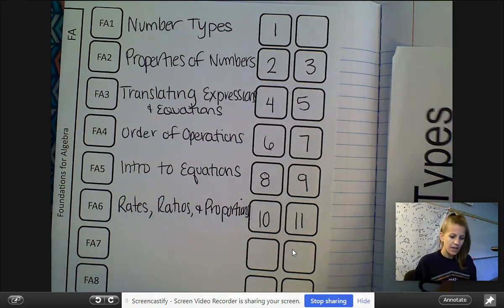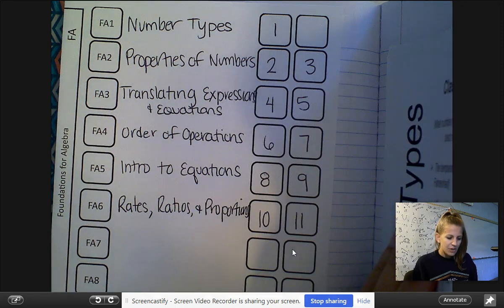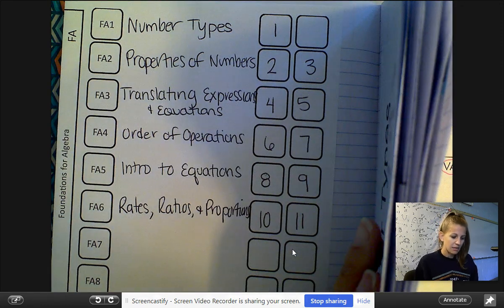So pages 10 and 11. If we go to page 10 and 11, we're going to leave 10 blank for now. And then on page 11, now this should be the next one in your notes packet. I know the last one we had to search for it. You're looking for the one that along the side says ratios and proportions.